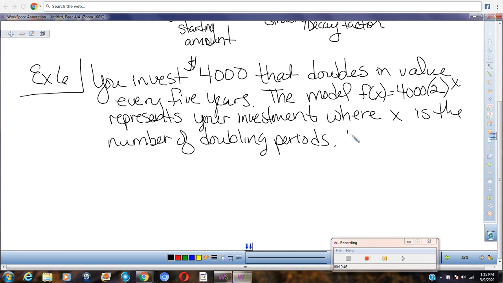What I want to know is how much is it worth in 25 years?